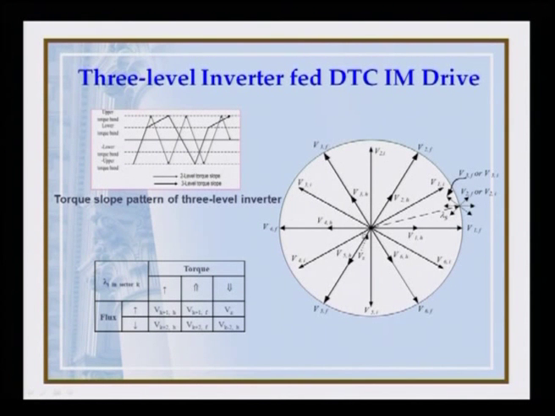So, in this case if you want to decrease the flux and decrease the torque, we apply 5h. So, what we do here, we apply 5h here. If you apply 5h, both the flux and the torque will reduce corresponding to this situation.